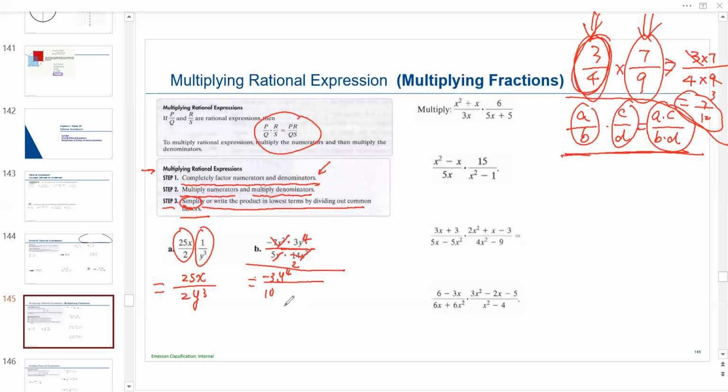So let's go to a little bit more complicated case, like this one. This is one rational expression, right? This is the second expression. So first we factor them, okay, and then multiply them together. 3x times 5x plus 1, right? We factor them.